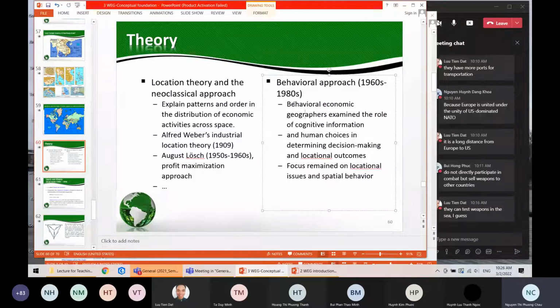That's the second group. It considers more the social, cultural and political aspects that support the economy.